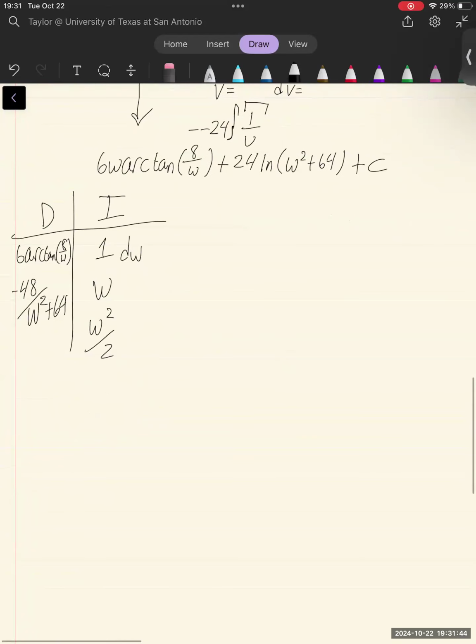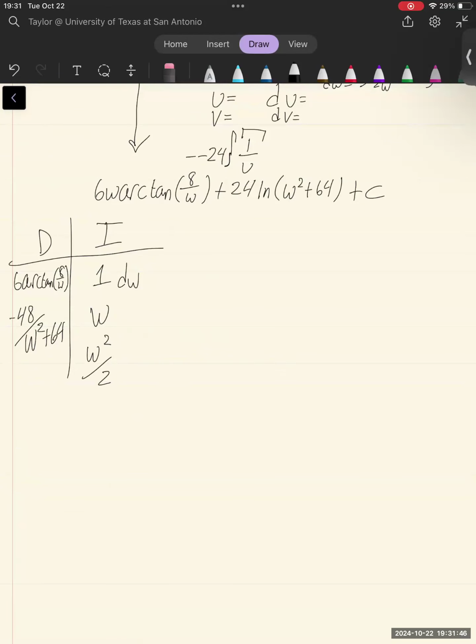Okay. And then we pretty much just do the same thing here. Oh, interesting. Okay, so this is actually a case where the tabular method doesn't work. Because right here, we connect those. That gives us our 6w arctan 8 over w.